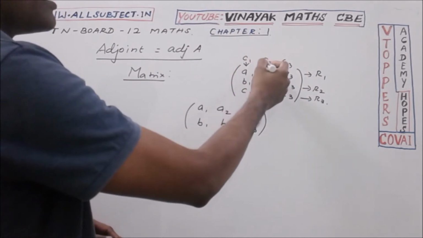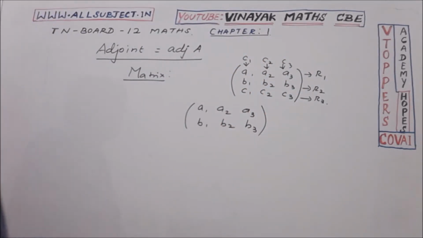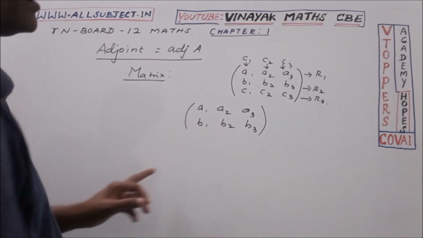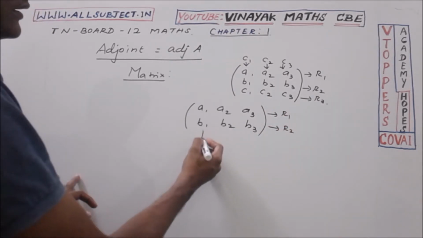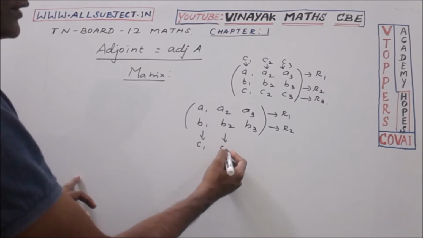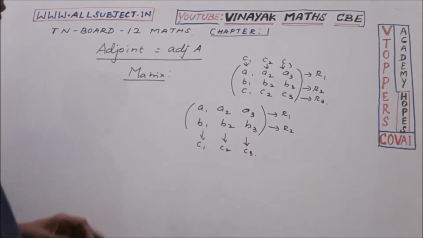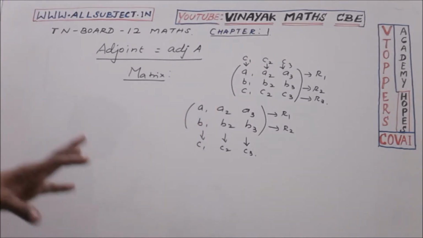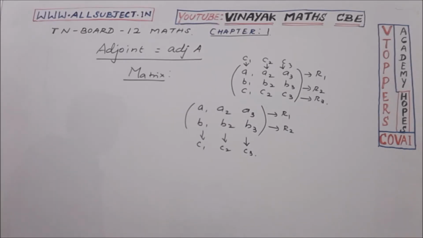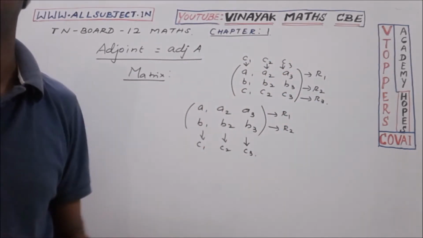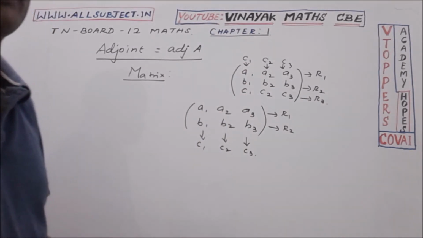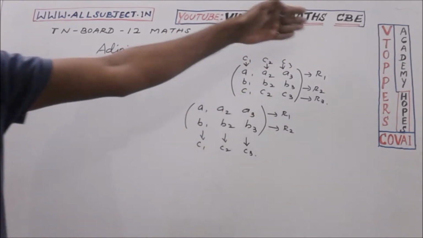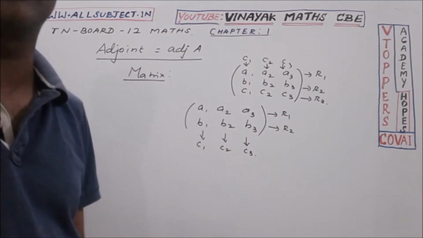Now in this matrix, there are two rows, R1 and R2, and three columns, C1, C2 and C3. These are very basics, and you are all familiar with them. Now I am just recollecting those things.